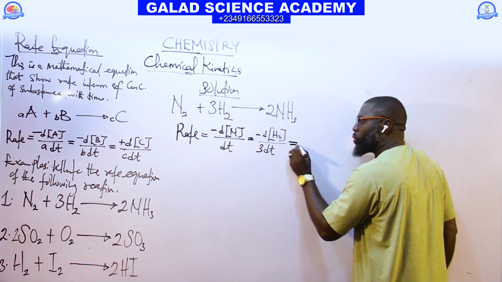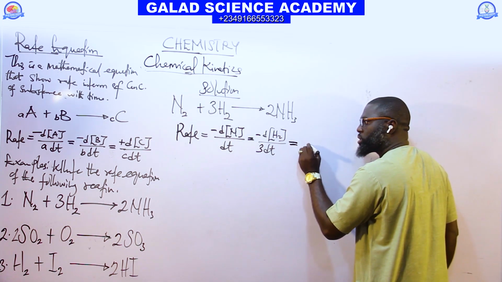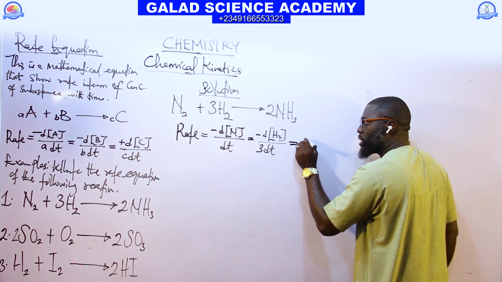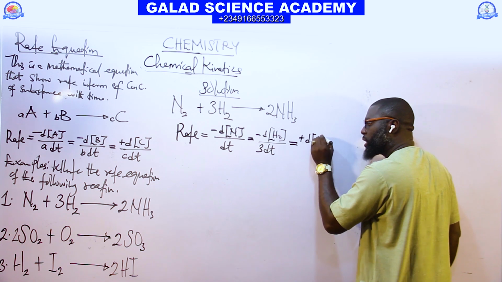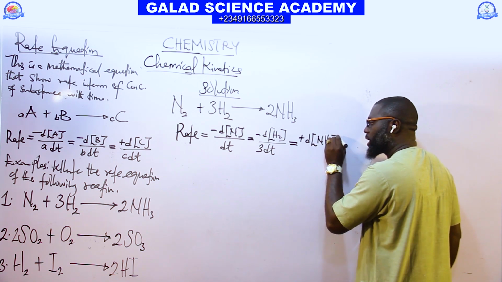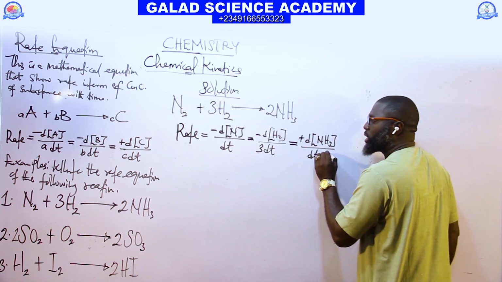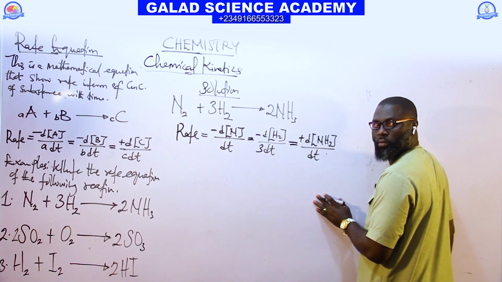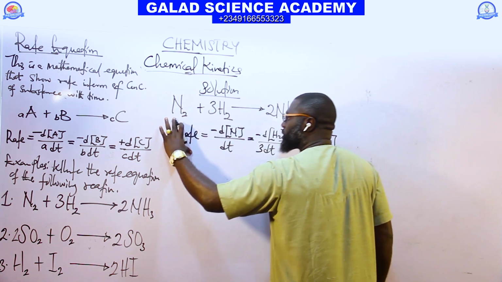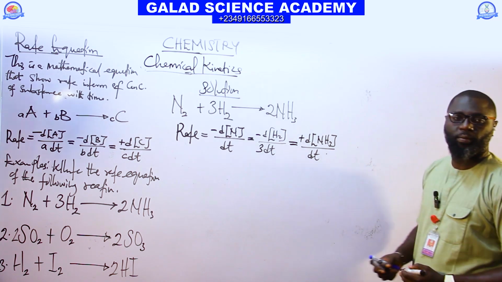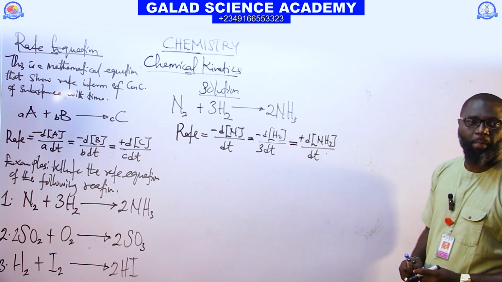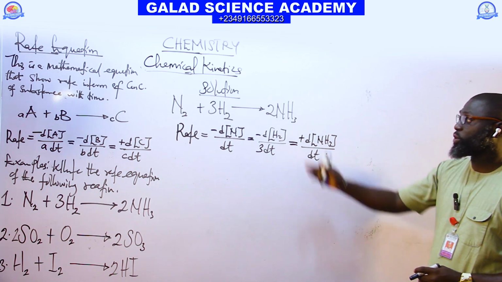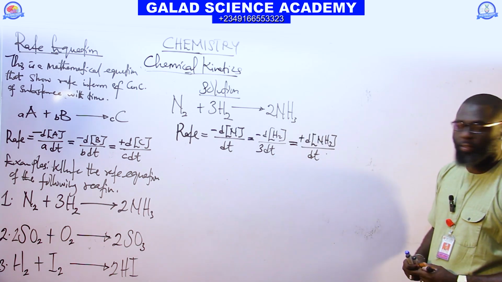Or equal to plus the concentration of NH3 over dt. That is the rate equation for ammonia, the formation of ammonia.